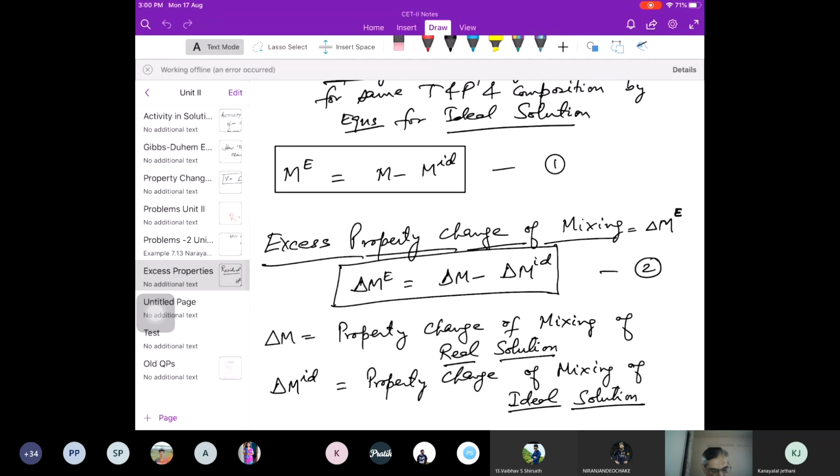So delta M E, the change in excess property when you mix two solutions to make a third solution, right? So delta M E is delta M for real solutions minus delta M ideal. Call this equation 1, difference between real and ideal. ठीक है? Any questions?